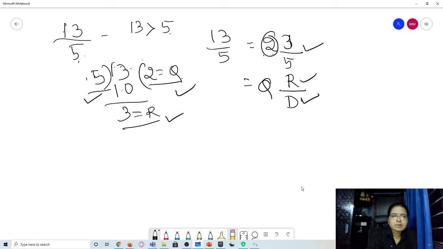So 13 divided by 5 is 2, 3 divided by 5. We convert this improper fraction into a mixed fraction, and the mixed fraction is 2, 3 divided by 5. 2, 3 divided by 5 is the mixed fraction of the improper fraction 13 divided by 5.